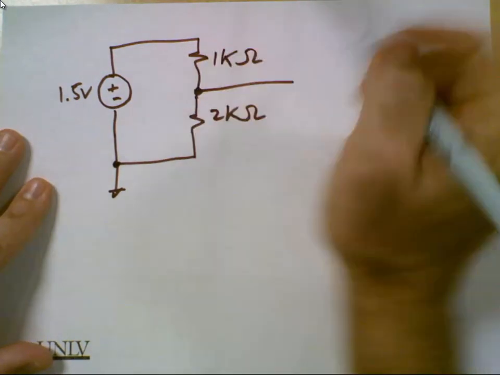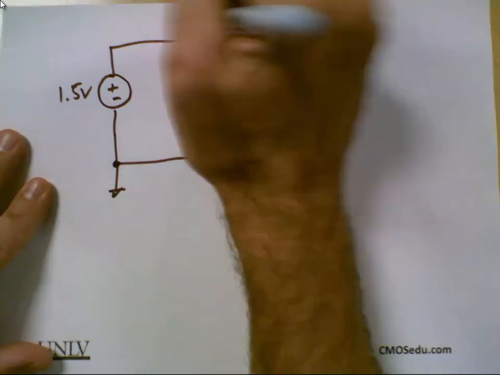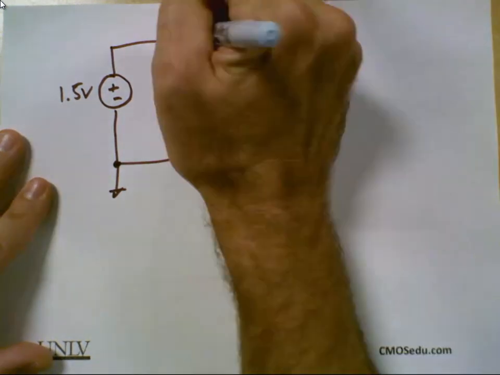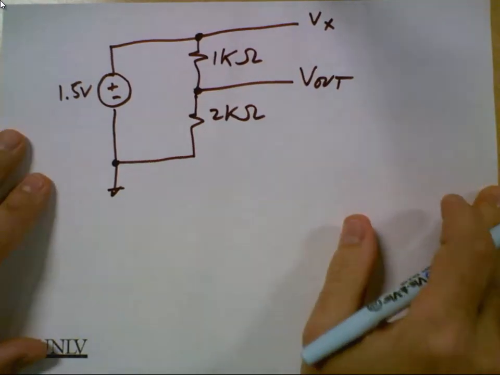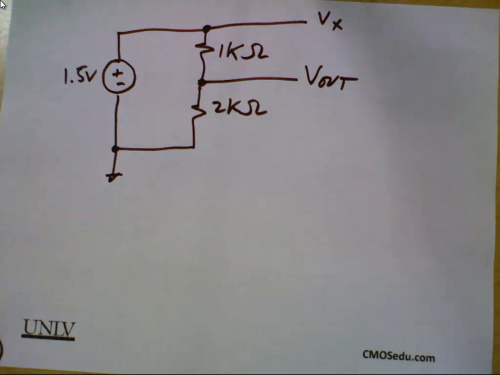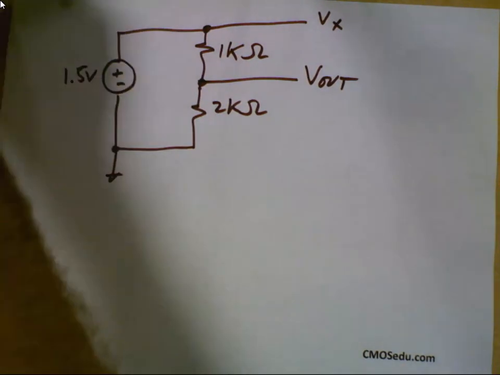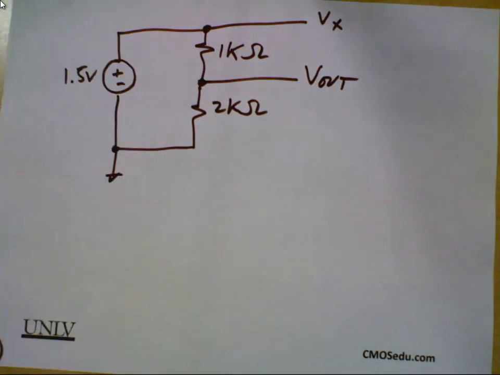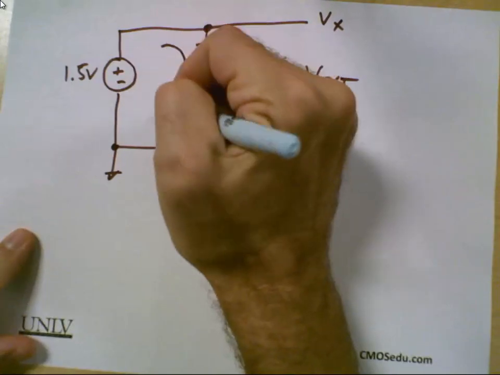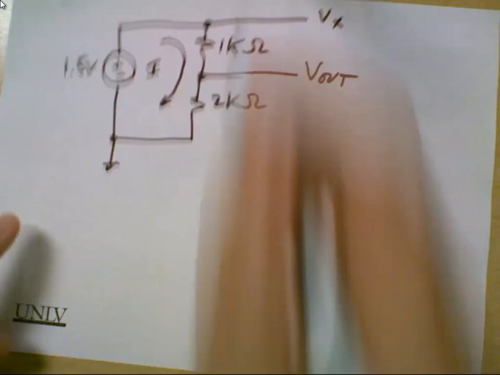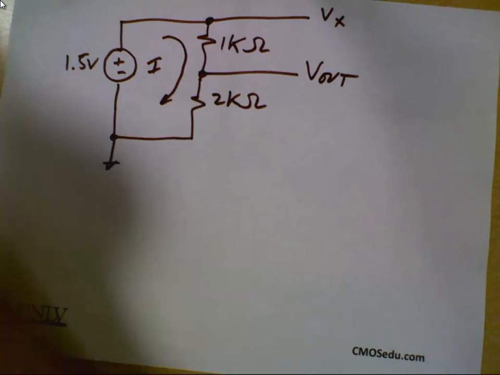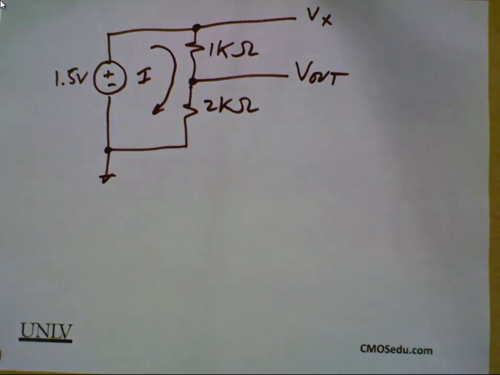And let's ask, what is V out and what is Vx? Or let's answer what those are. And let's live it up while we're at it. What is I? What's Vx?